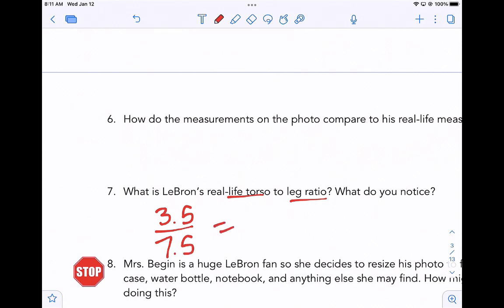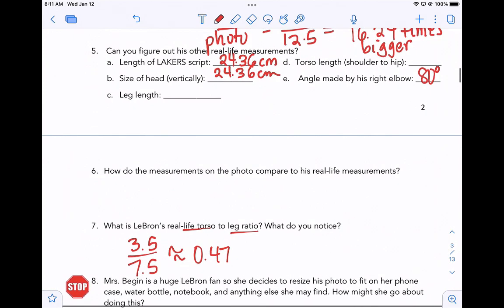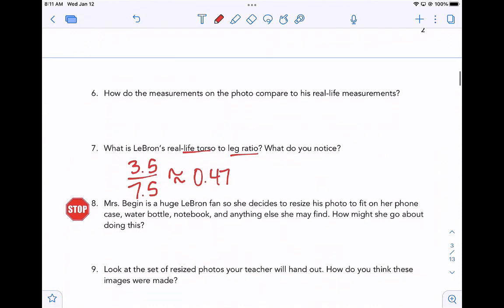I'm going to go ahead and divide that out. It's about, I should put approximately, 0.47. And then in real life, and I didn't write these down, but I have them here, his torso, we should have gotten about 56.84 over his leg. And if you notice, you get the same thing when you divide out the ratios.